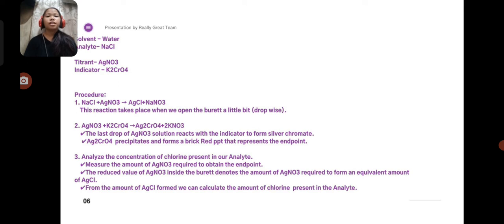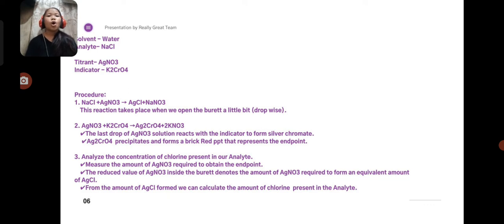This reaction takes place when we open the burette a little bit, dropwise, the same as the demonstration with the burette and Erlenmeyer flask. The AgCl precipitates, so it is usually at the bottom.